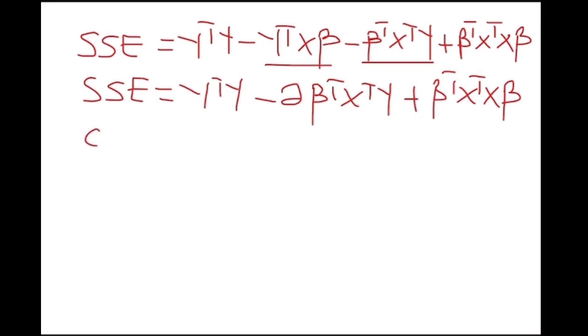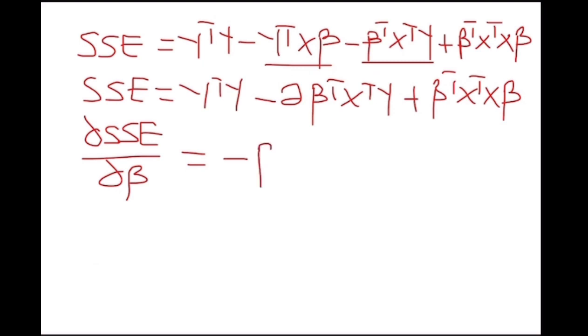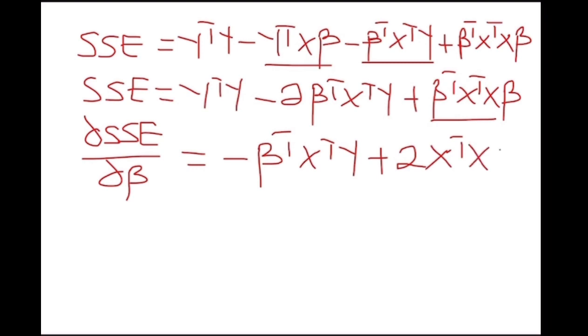So I'm going to have the derivative of the sum of square error with respect to beta. Of course, the first term gives 0 there. So I'm going to have minus 2 X transpose y, plus, the beta transpose beta being more or less like a 2 beta, I'm going to write 2 X transpose X beta.